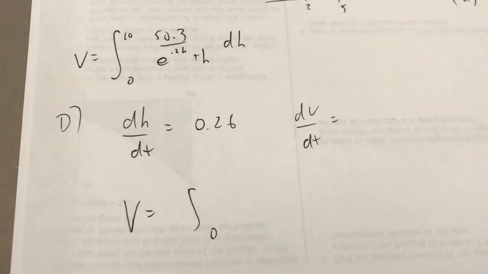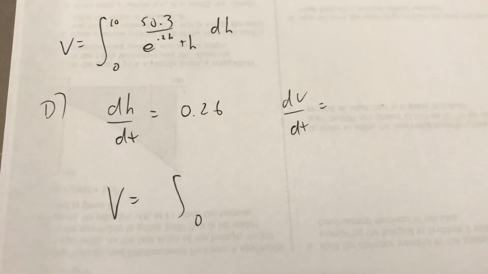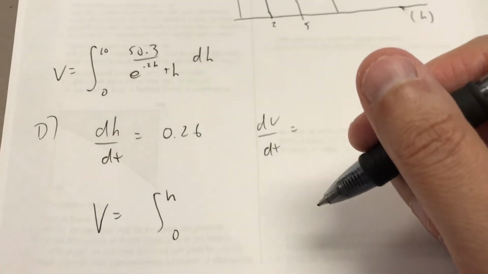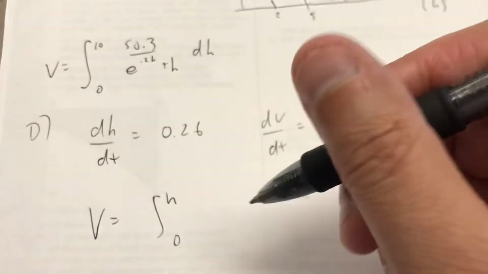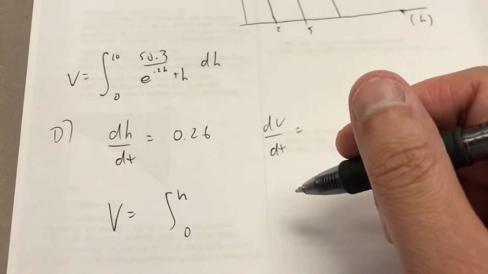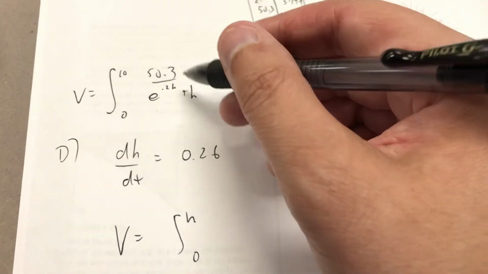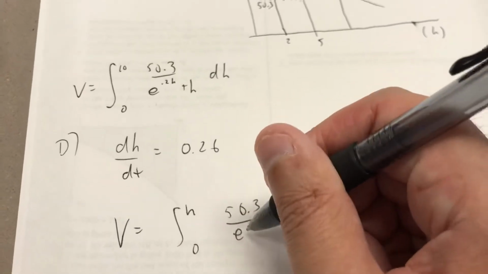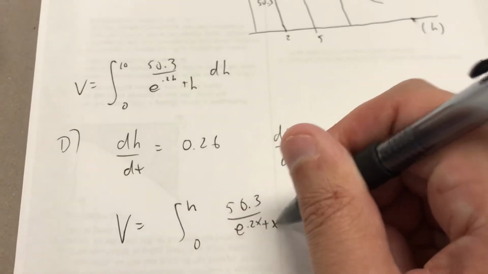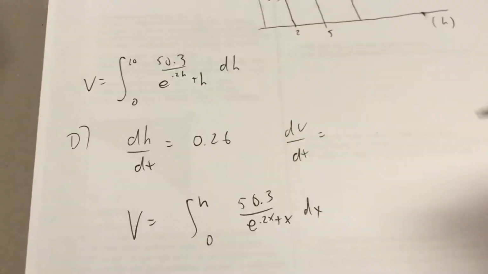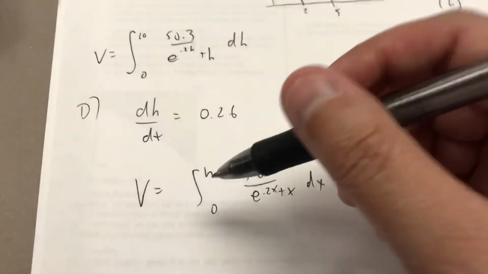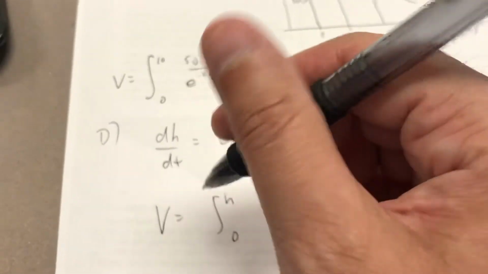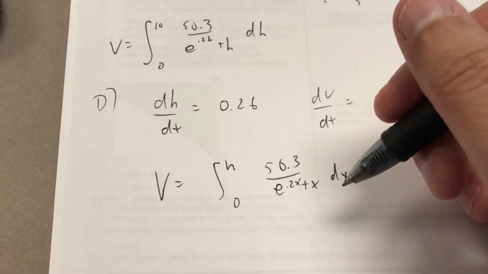It looks like we can use whatever variables we want here. I guess we'll go from 0 to h, because we're going from 0 to whatever the actual height is. And since we're using an h there, we want to use some other variable here. So let's do 50.3 over e to the 0.2x plus x dx, maybe something like that. That's our volume function. Whatever the volume is, you're going from 0 to whatever height. So that would be V of h, basically.